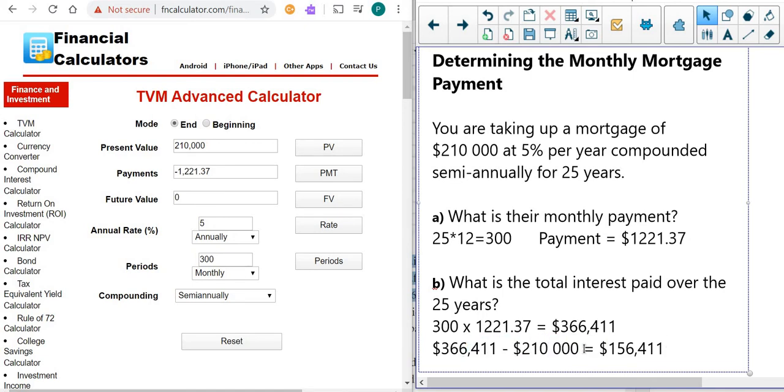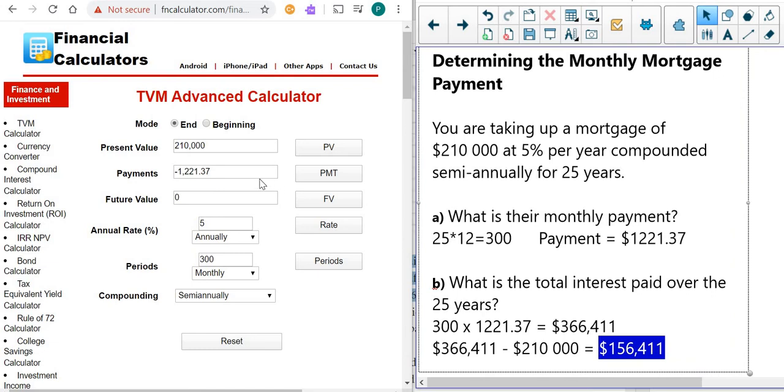So even though your mortgage was $210,000, notice that we have to pay basically $156,000 extra for this mortgage from the bank over the course of 25 years.